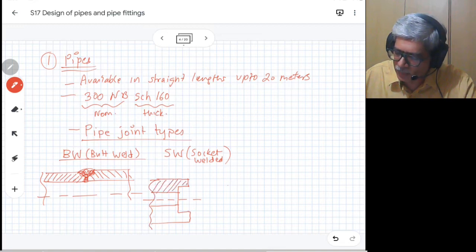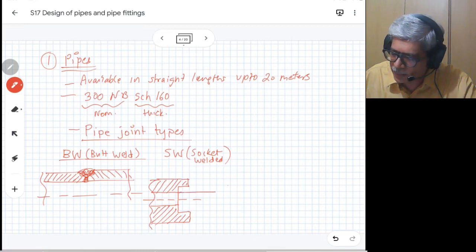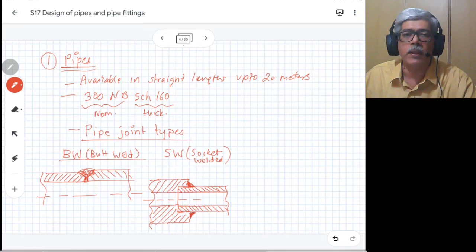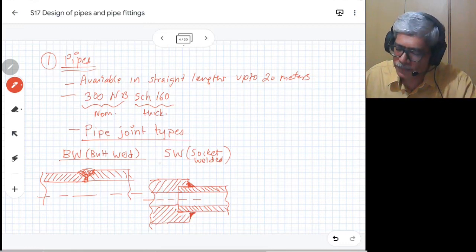This component has got a socket or sort of counter bore made into it, and the pipe or the other mating component gets inserted inside this component. So you have the other component which is inserted into it, and then the joint is made by a fillet weld. So you have a fillet weld joint which is made to complete this particular joint.